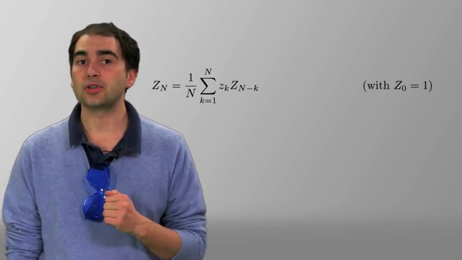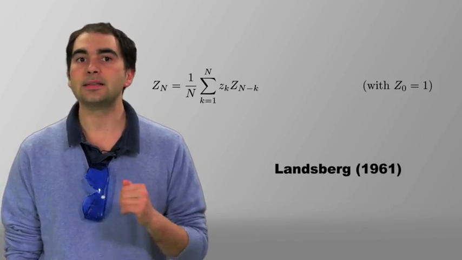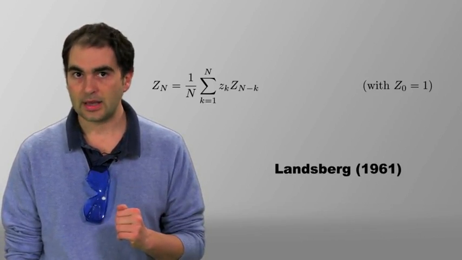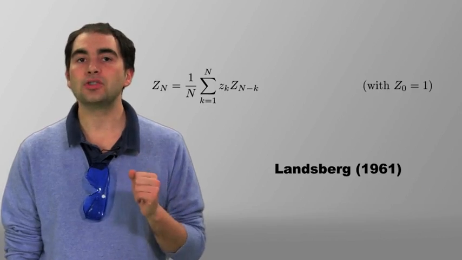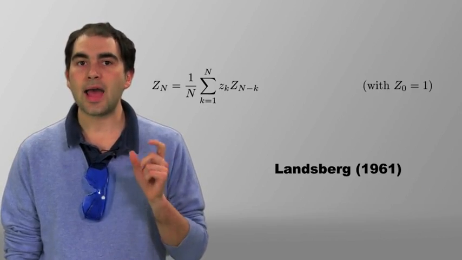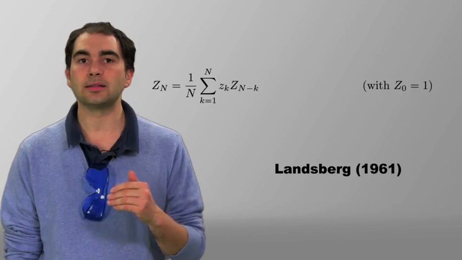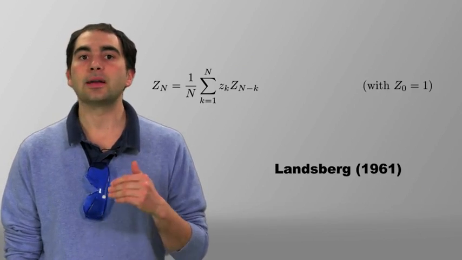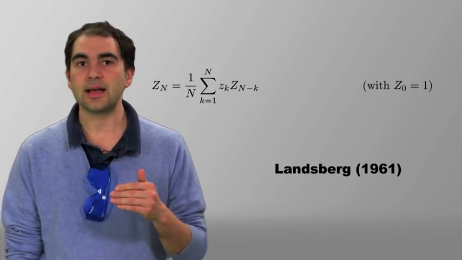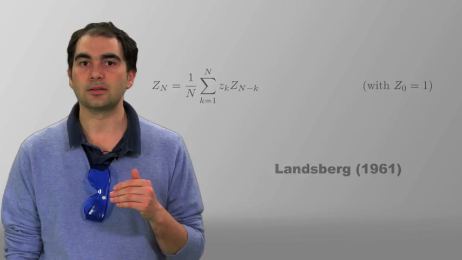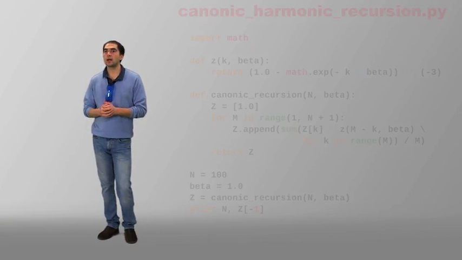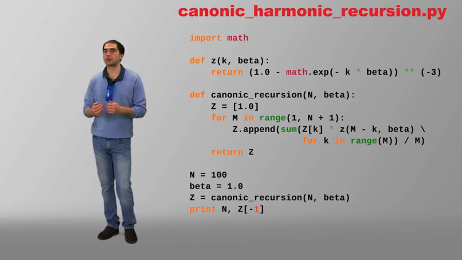This recursion relation goes back to Landsberg in 1961. It relates the partition function of a system of n ideal bosons to the partition function of a single particle, small z, and the partition functions capital Z of systems with fewer particles. So, we have arrived at an analytical solution that is implemented in the Python program canonic harmonic recursion.py for the partition function.